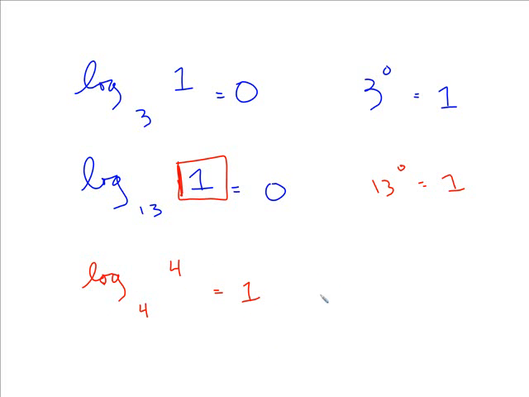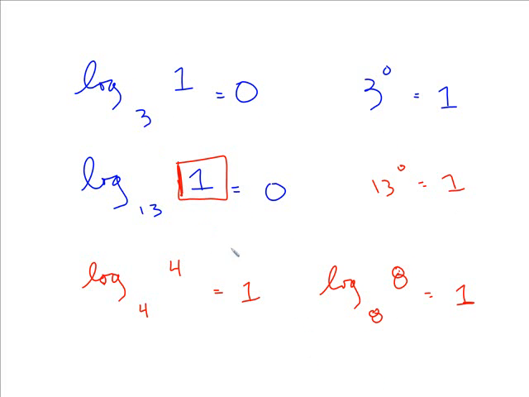Same way if you have log base 8 of 8, well, 8 to what power equals 8? Positive 1. You have to recognize these simple logarithms when you see them, where the answer is 0 or 1.